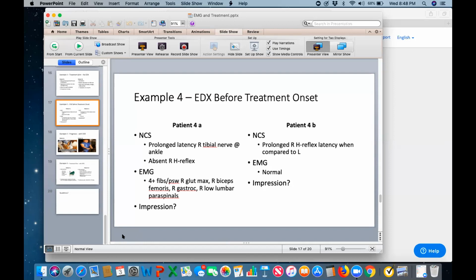He's got the radiculopathy at S1, which is severe, acute and axonal, but he's also got the demyelinating injury. I didn't put the exact number in there, but depending on how slow it was, it can be anywhere from mild to borderline to moderate slowing, which is an injury of the tibial nerve at the ankle. So he definitely has two problems we need to address. That's why we need to address not only his lumbar spine, but also the ankle for tarsal tunnel entrapment.